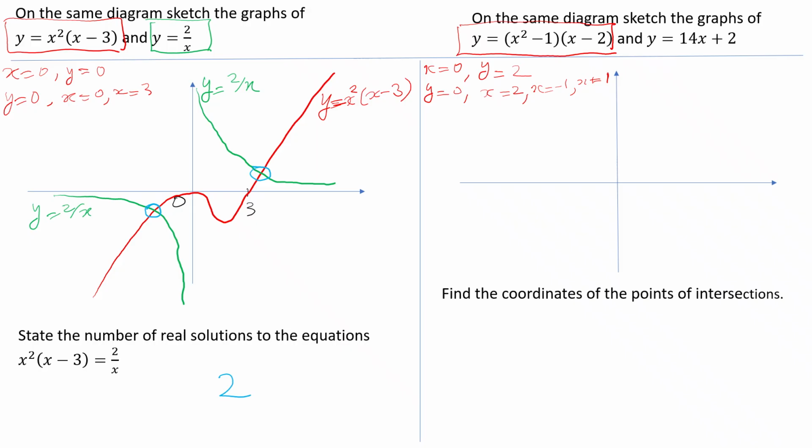So I'm going to draw the graph. Say 0, 1, 2, negative 1. Then it's 2.